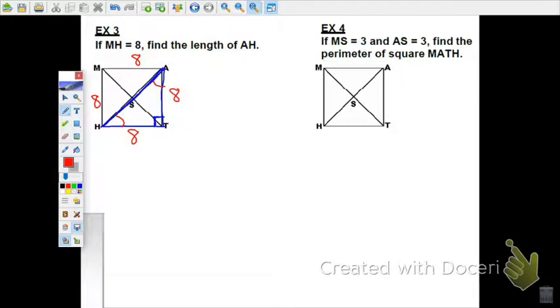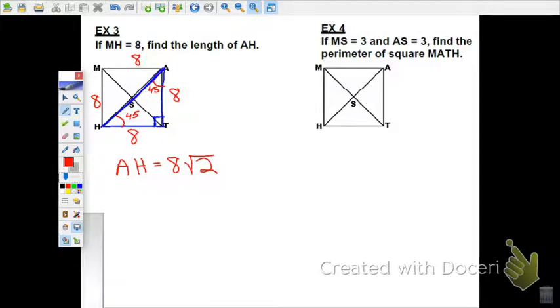They're both 45 because my right angles at the corners have been bisected. So if I think about my 45, 45, 90 triangles, if my leg is 8, my hypotenuse is 8 square root of 2.